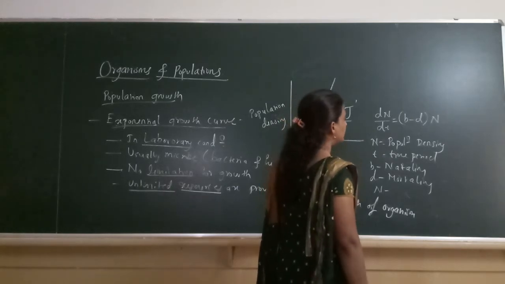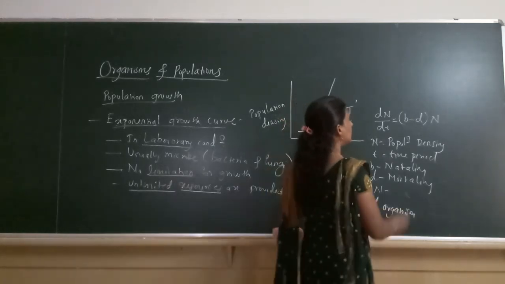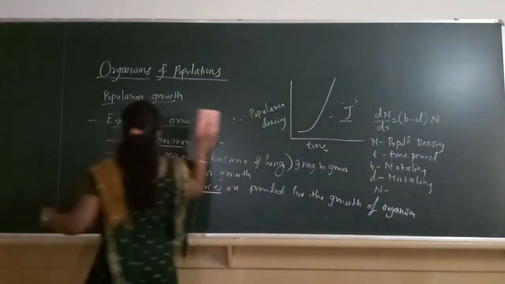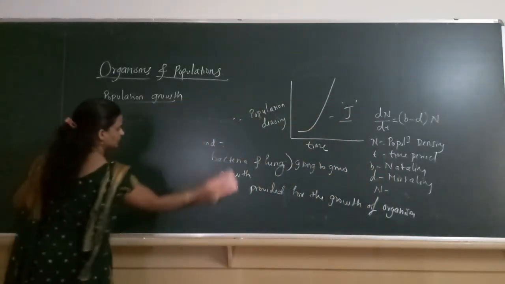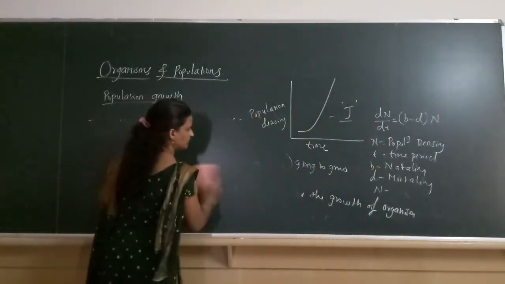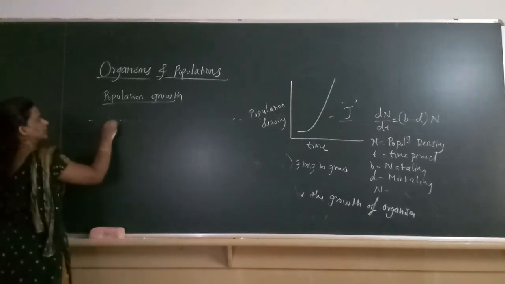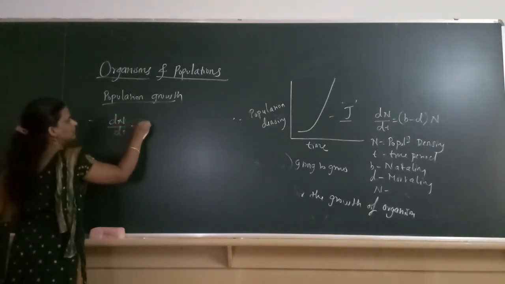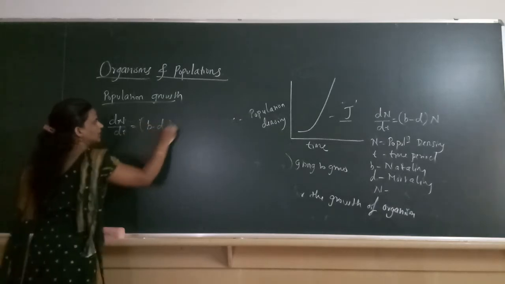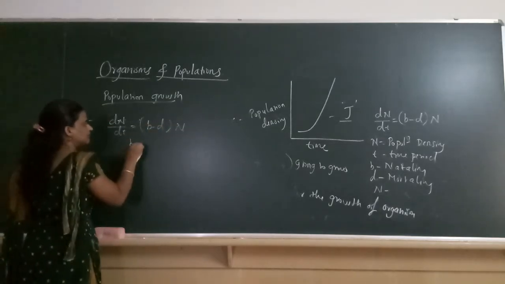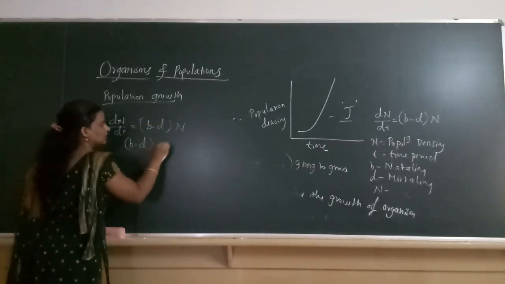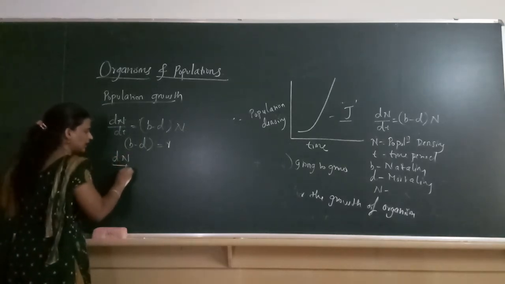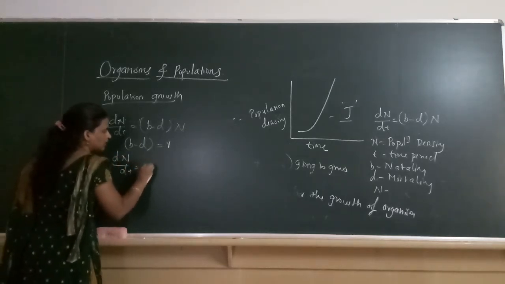Okay, and this is the simple calculation. If we take this b minus d is equal to r, then what will happen? dn divided by dt is equal to r n.